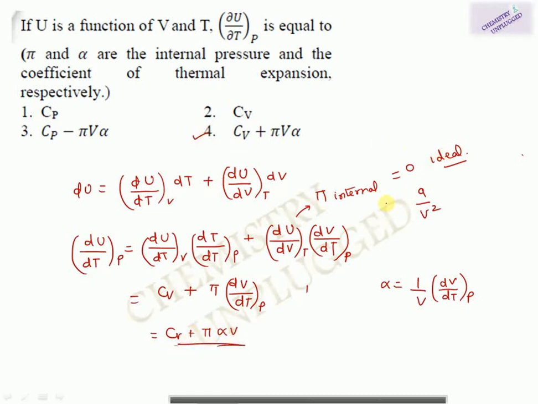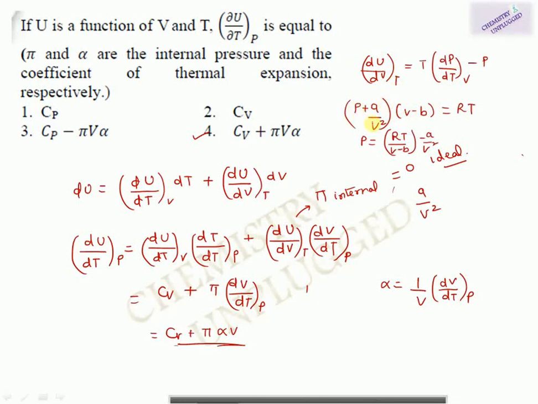Now we want to find out the value of internal pressure for real gas. So internal pressure is du over dV at constant T. For this we will use the first thermodynamic equation of state, and we will place the value of pressure from the equation of real gas.